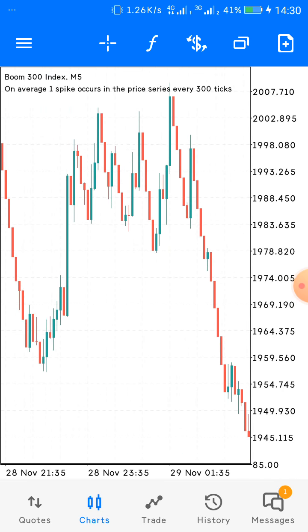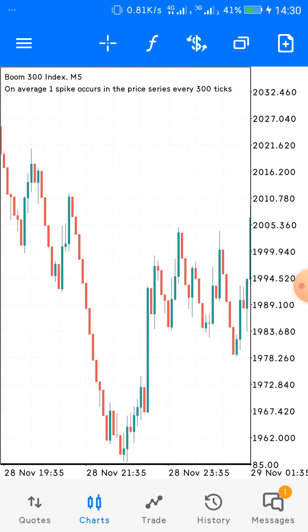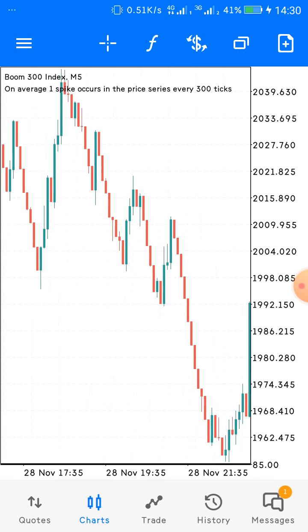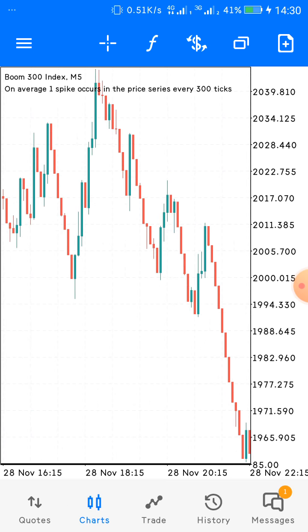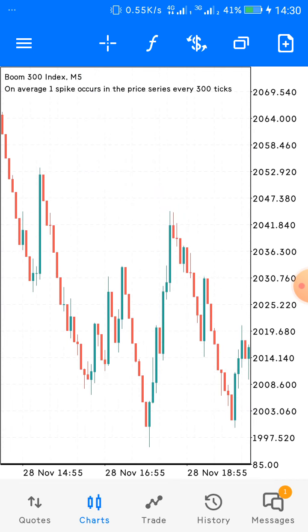With this strategy, to be frank with you, you don't need to know price action. I don't even check the trend whenever I want to trade. I just open my charts. If at all I want to check the trend, I'm just checking it to do due diligence.